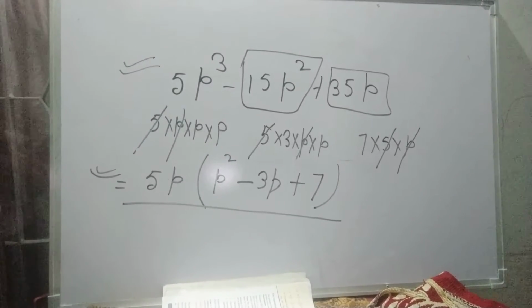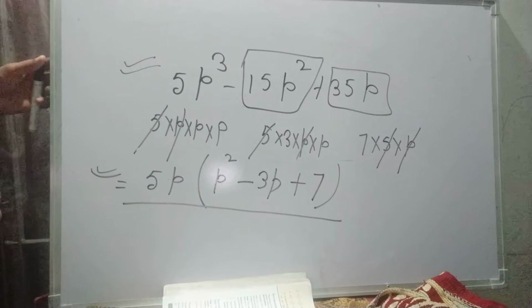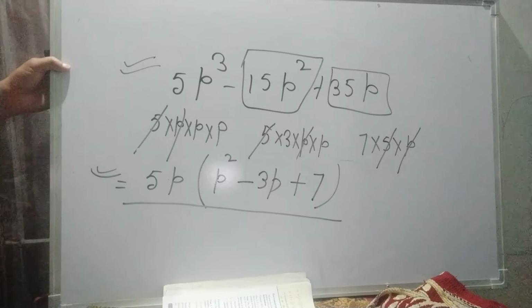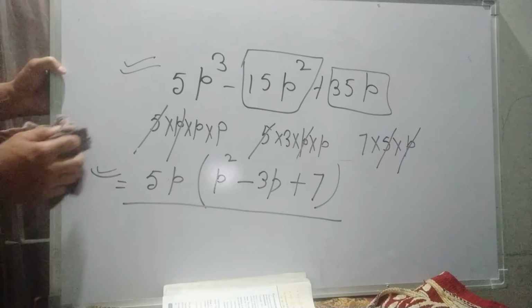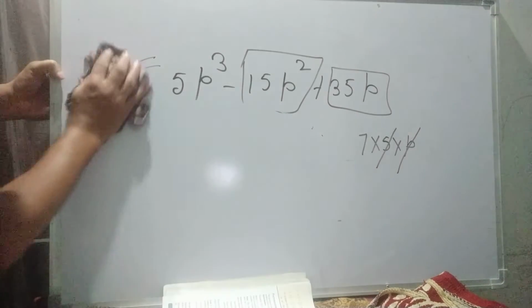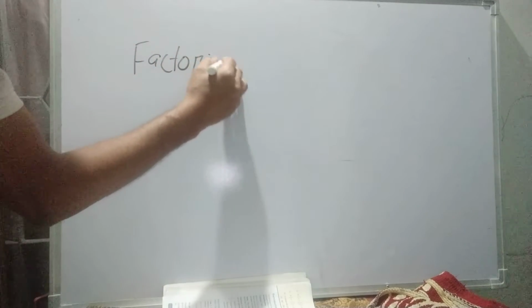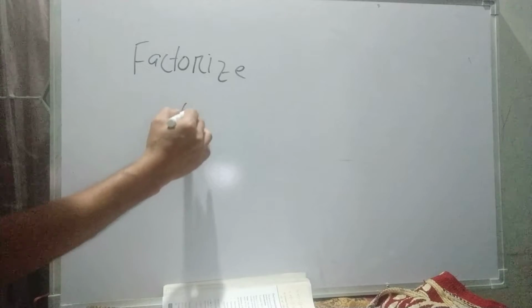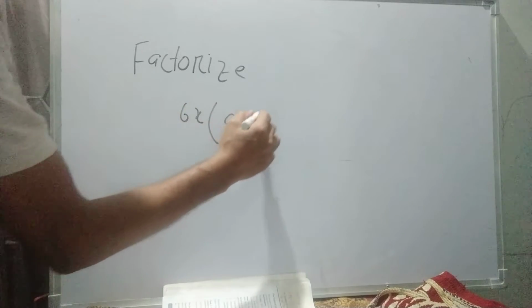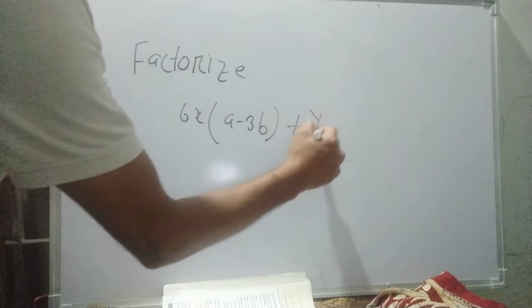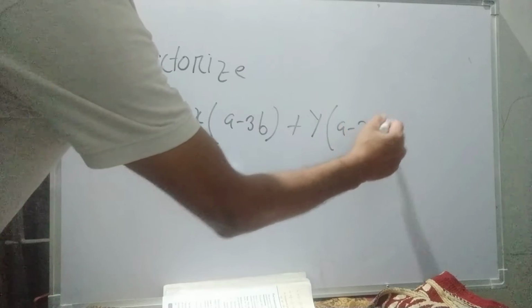Now we will move to the next topic, that is factorization by taking out common factors when the common factors are binomial or trinomial or a general polynomial. Let us understand, students. Suppose we are asked to factorize this: 6x(a minus 3b) plus y(a minus 3b).